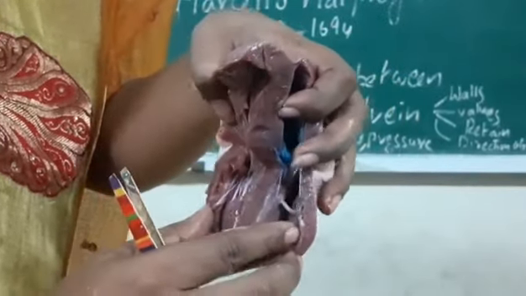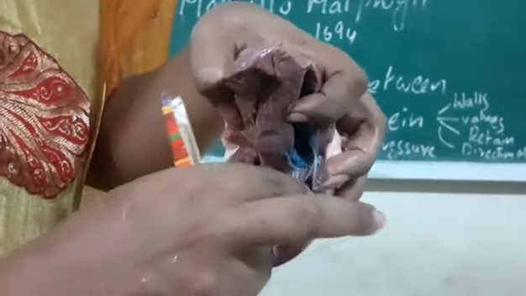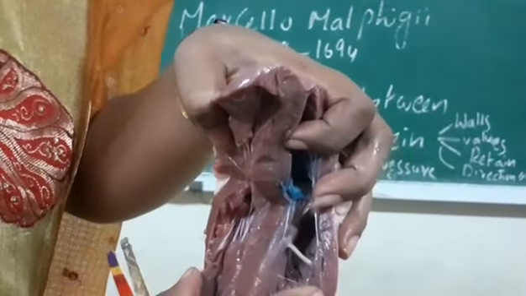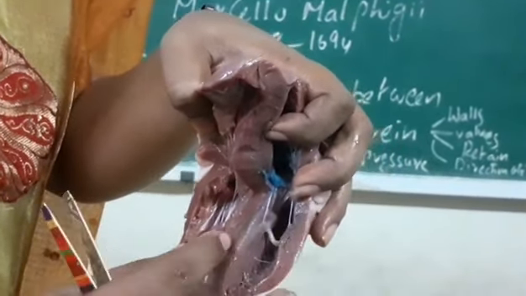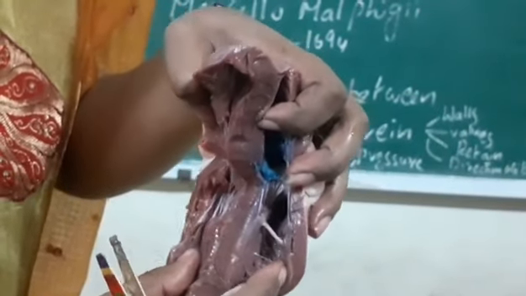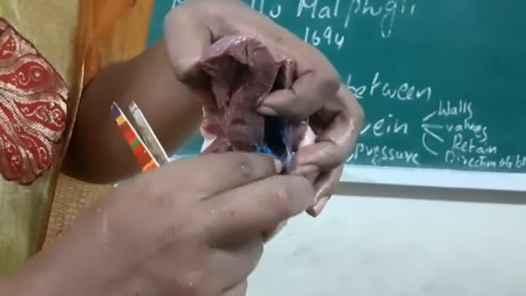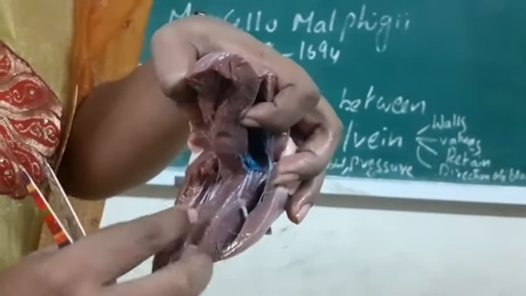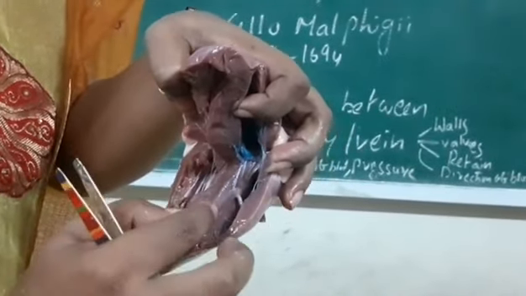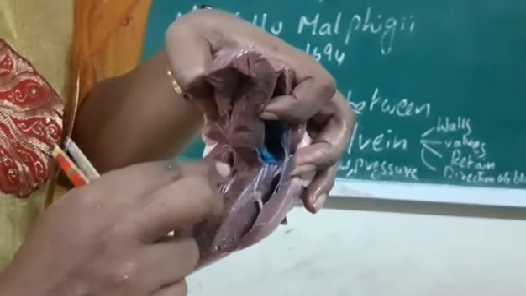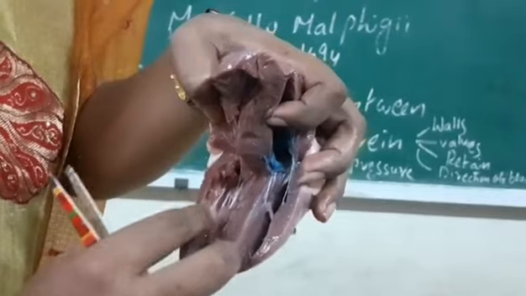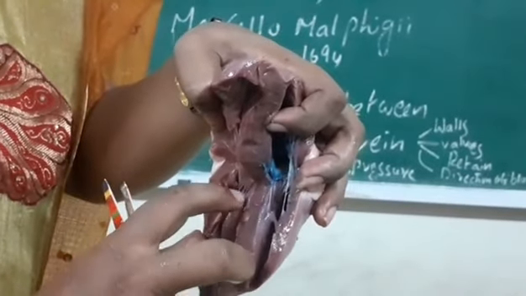Once again, we recall that the upper chambers of the heart are called auricles, right auricle and left auricle, and the lower chambers are called ventricles, right ventricle and left ventricle. The auricles are separated by the interauricular septum, the ventricles are separated by the interventricular septum, and the auricle and ventricle are separated by the auriculoventricular septum.